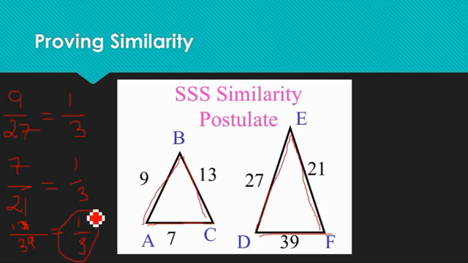For all three sides we have the same proportion, therefore the two triangles are similar.